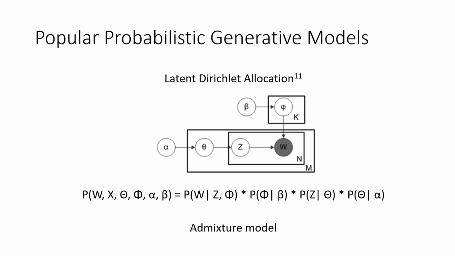In the unfolded form we would have K circles because we have K topics, while here we fold them into one, and this form is usually called the plate notation. So here you see how the generative model, starting from the topics and the documents, can generate the words.